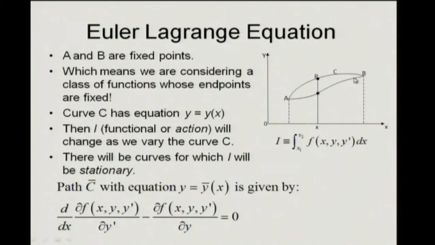So, this is the interesting variation. Now, if you call this stationary curve C bar and the equation of type y is equal to y bar, then this equation, y is equal to y bar, is given by the solution of this differential equation. Okay. So, this is the Euler-Lagrange equation.